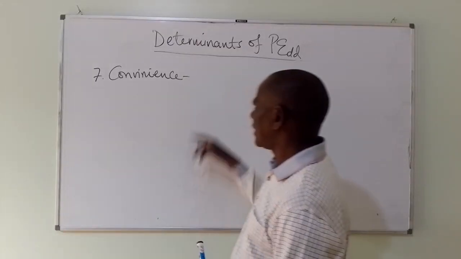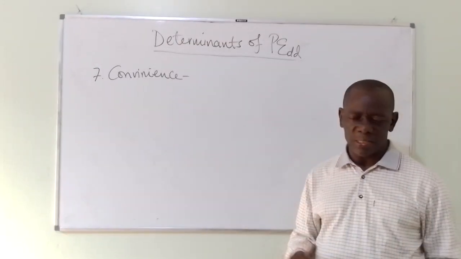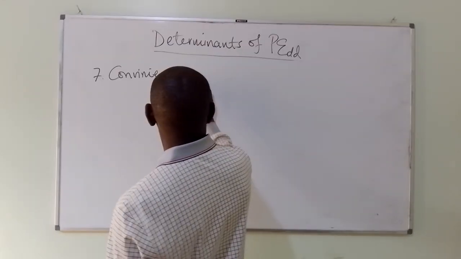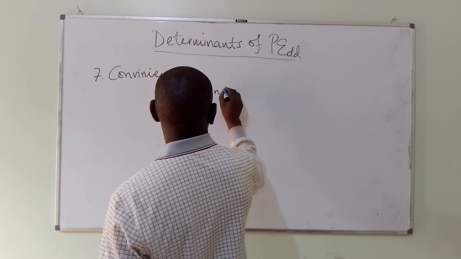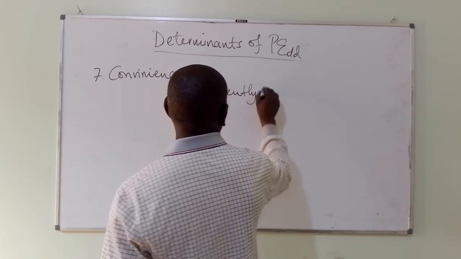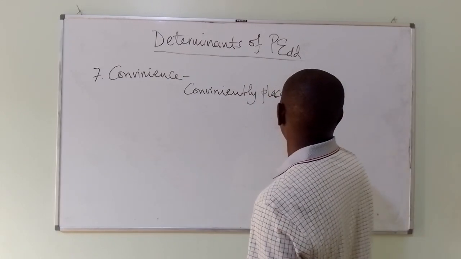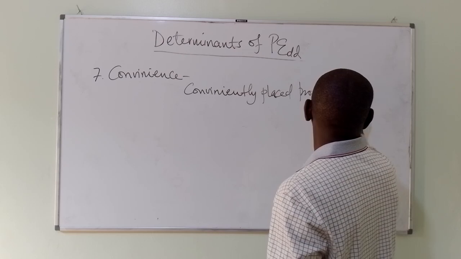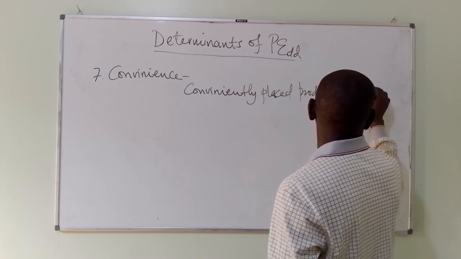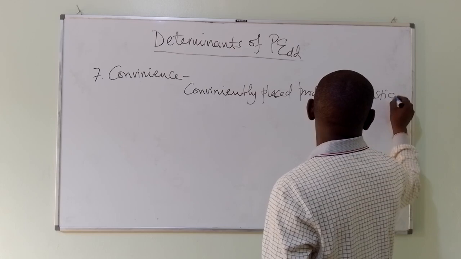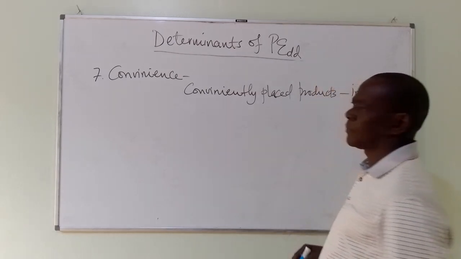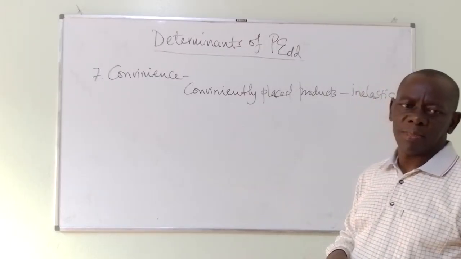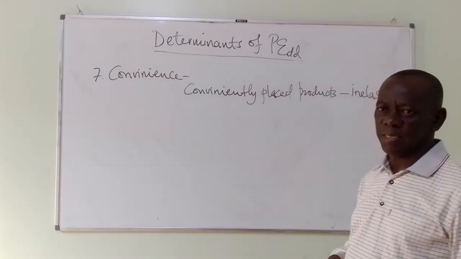So when the commodity is conveniently placed where the consumer can easily buy it, conveniently placed products have inelastic demand. If it is put in a place which is convenient, then it will have inelastic demand.